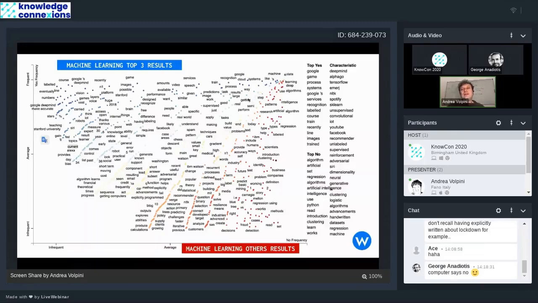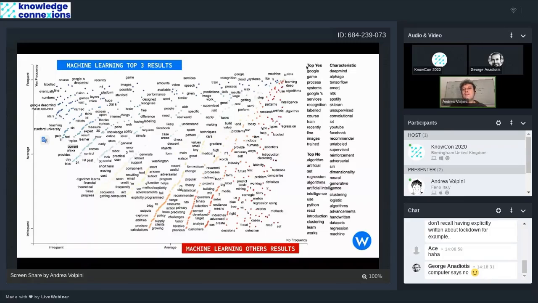We can see that Google is an entity that is not present in the results from number 4 to number 10, but is indeed very present, in its multiple occurrences, in the top 3 results.